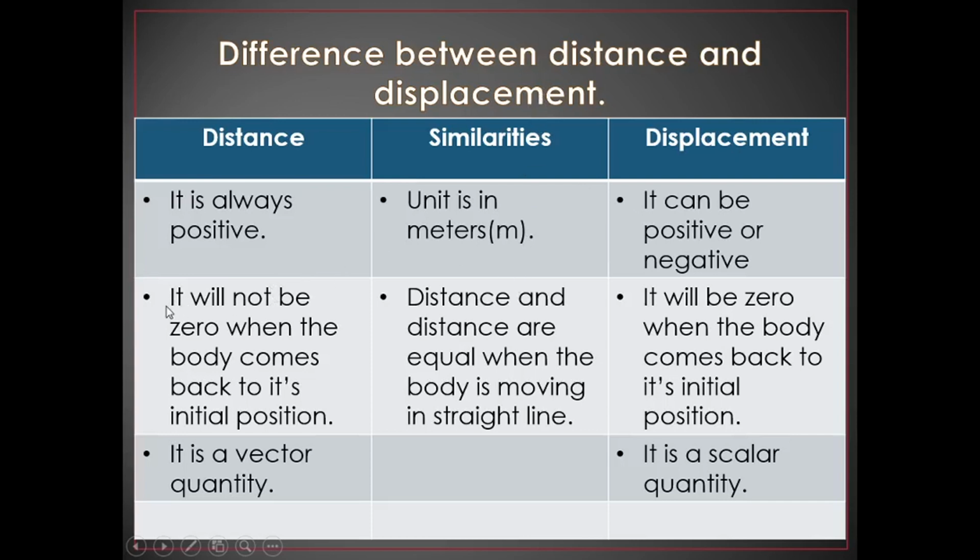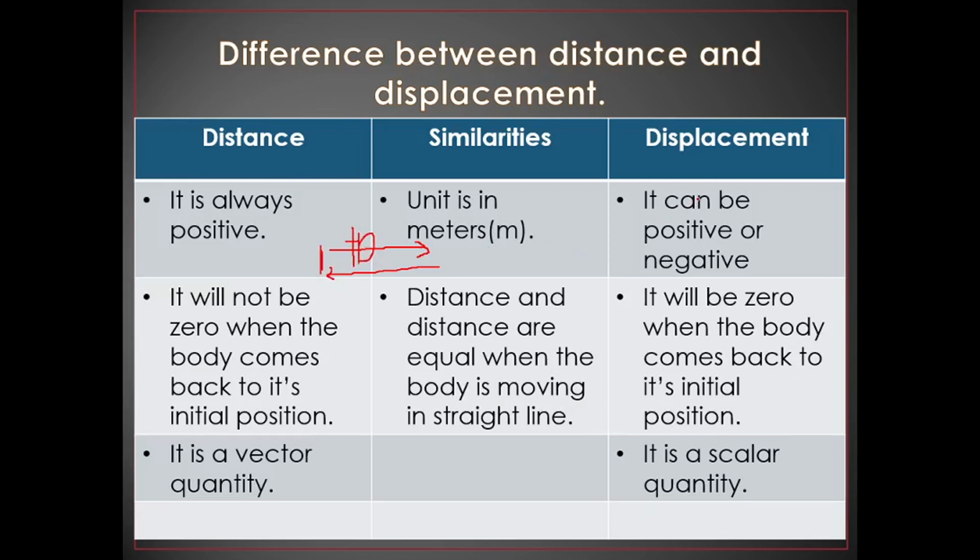Then the second point is that distance will not be zero when the body comes back to its initial position. Wait, I'll show you with the pen. If the body goes like this and then comes back to the initial position, then the distance will be the total of both.